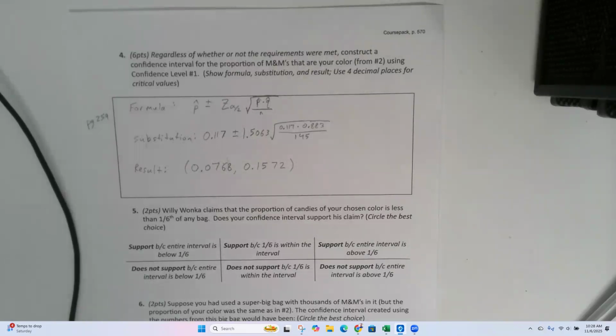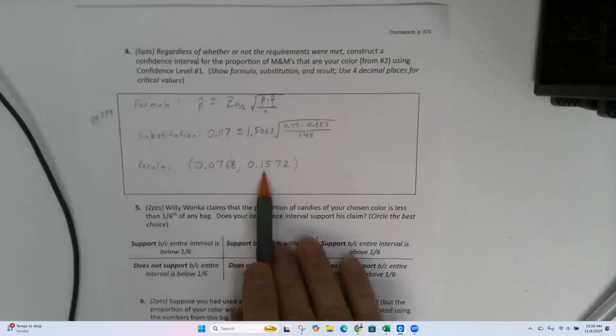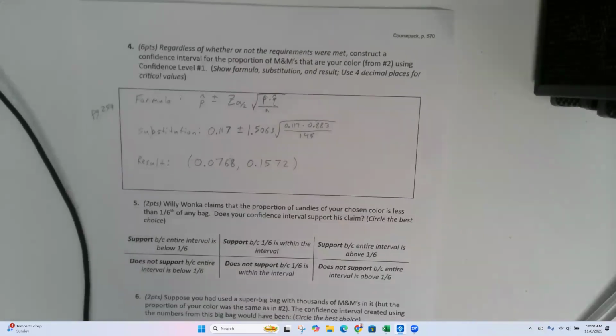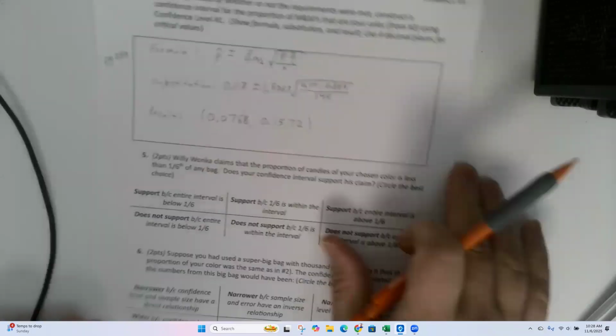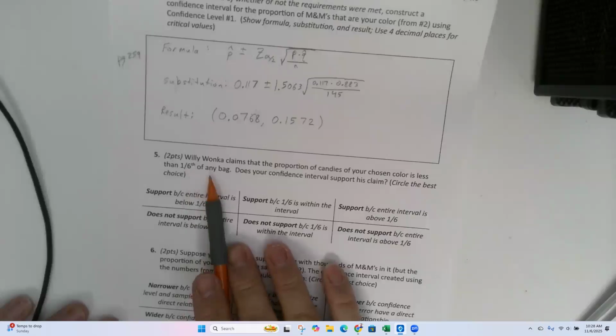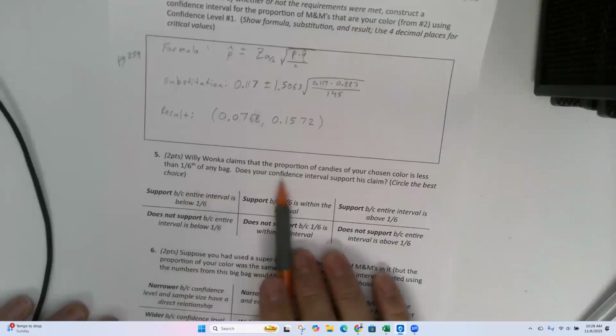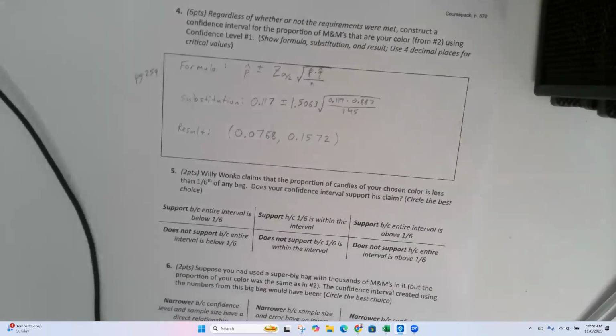Now, is it actually? Is 1/6 in this range? Let's check. Willy Wonka claims that the proportion of candies of your color is less than 1/6 of any bag. Does your confidence interval support his claim? He believes that there's something shady going on at the M&M Corporation, and they're producing less red than they're producing of the other colors.